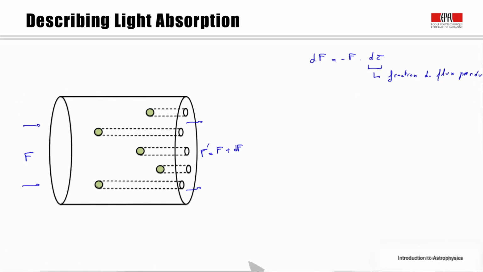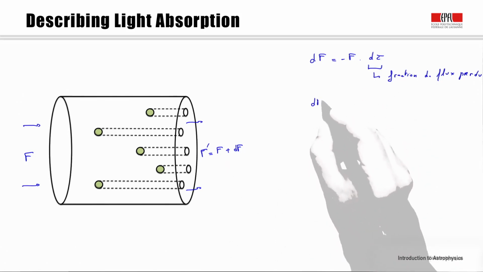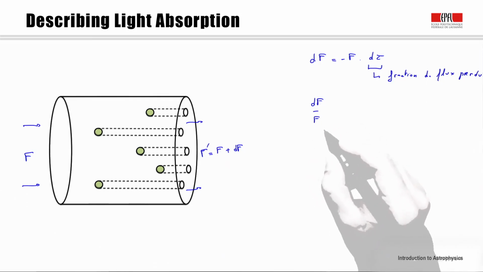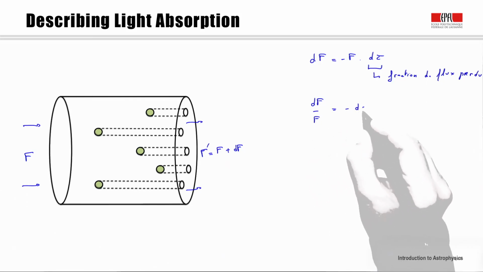There is a minus sign because of the losses. And so dF divided by F equals minus dτ.